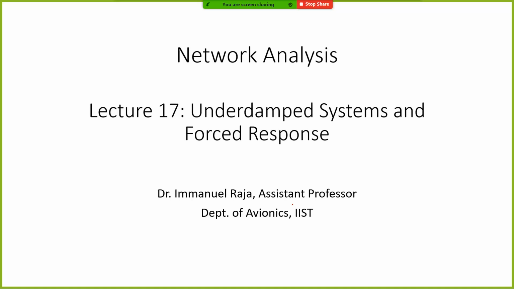All right. So let's continue our discussion with the underdamped systems. Let's try to solve another problem. But before we solve this problem, I want to take it forward from where we stopped last class.